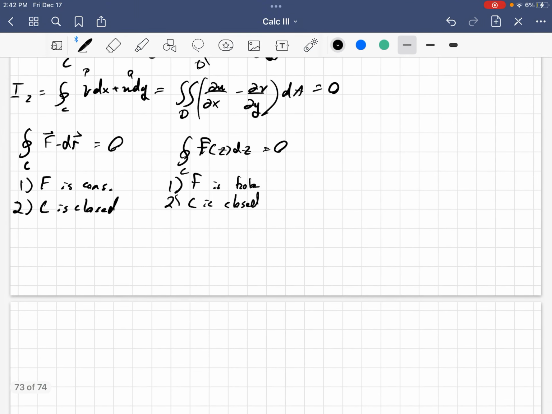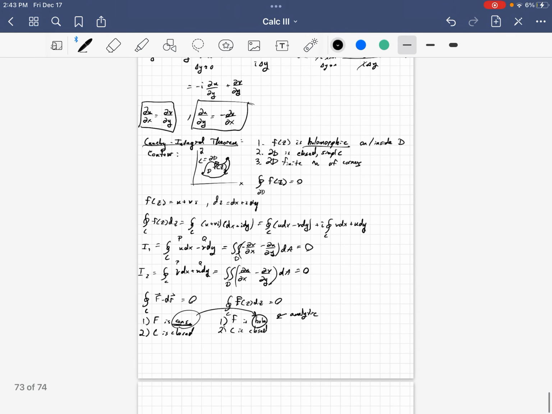And so basically what I'm getting at is the condition for the vector field being conservative in vector calc is akin to the condition for this scalar valued function f(z) being holomorphic, in other words, being analytic. There are strong parallels, right?